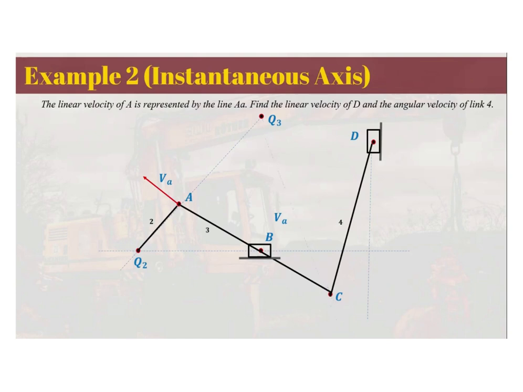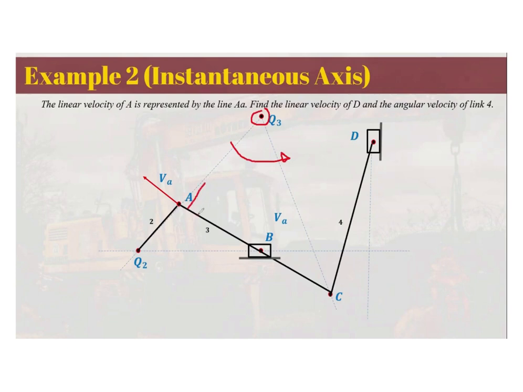If you happen to forget this, just go back to topic number 3. So the common center for A and C is your Q3. Again, when they are at the same instant center, the angular velocity is just the same across that particular region.